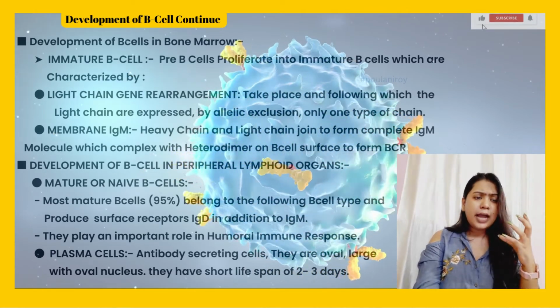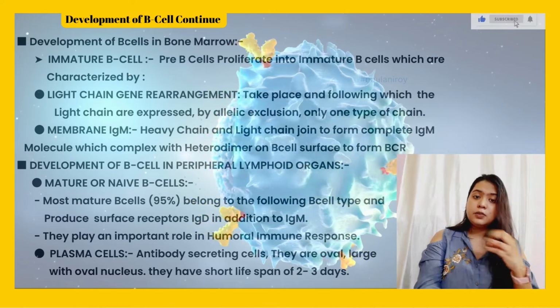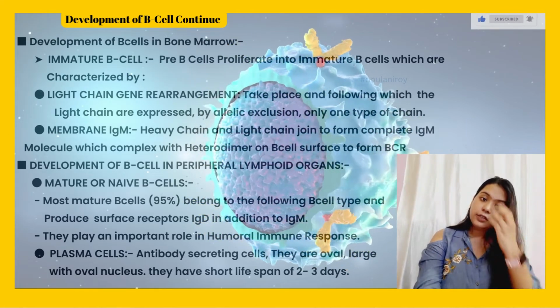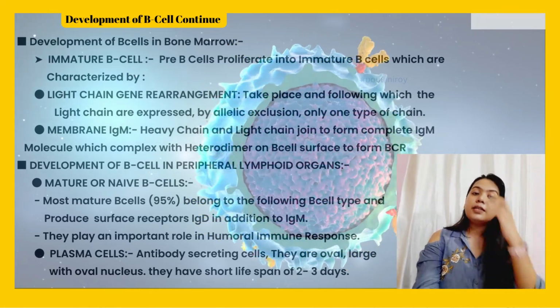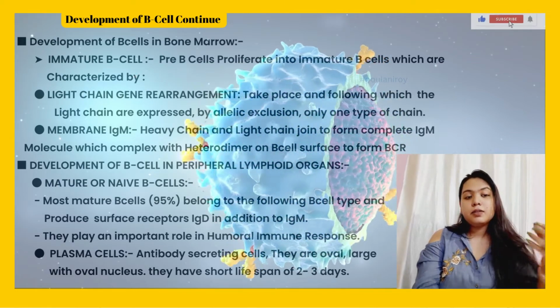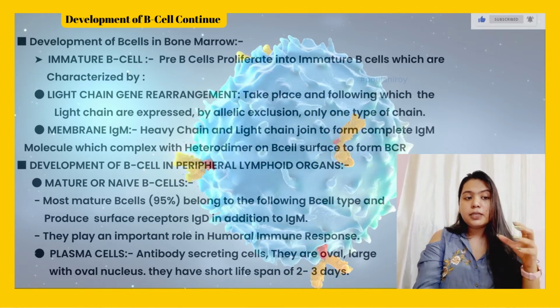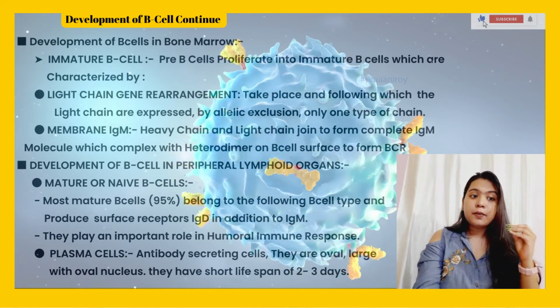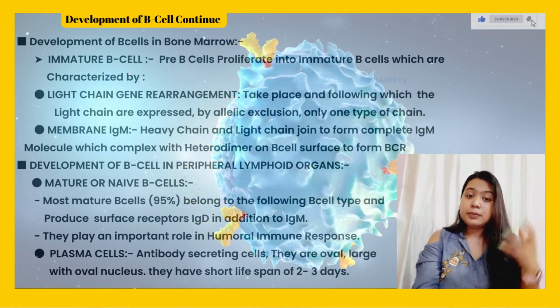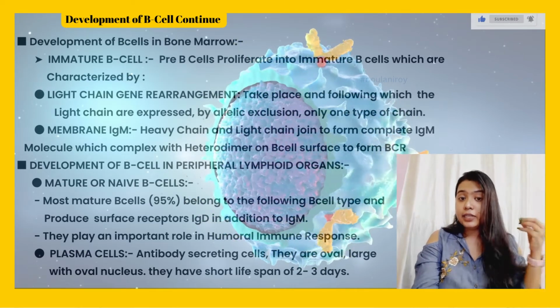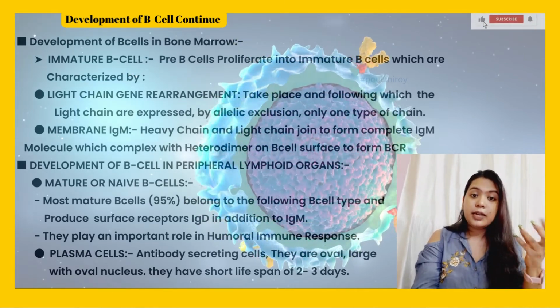So the 95% of the B cells that you see, that is your mature type of B cell, or you can say the naive B cell. Now see, it belongs to the following B cell type and it produces surface receptor IgD in addition to IgM, ठीक है, IgM के साथ साथ जो है IgD, that will also get produced, okay.